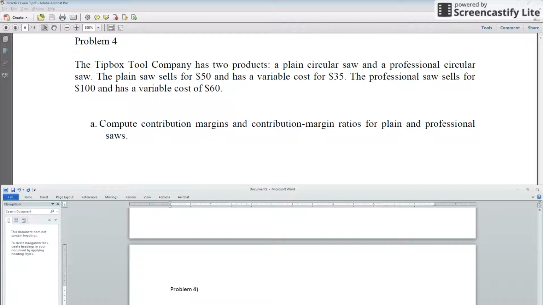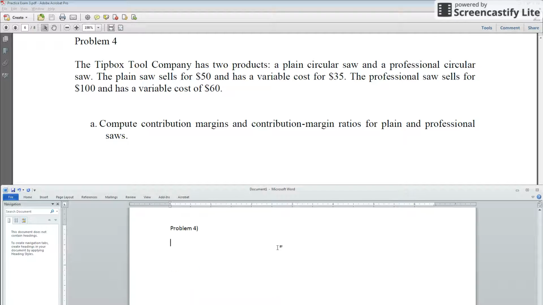So for problem 4, for the plain saw, I have the sales, which is $50, minus variable cost, which is $35. My contribution margin will be $15.